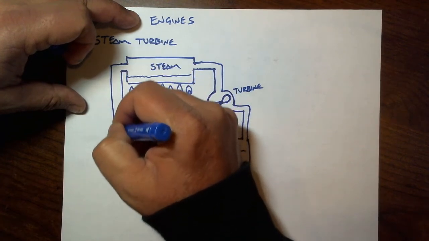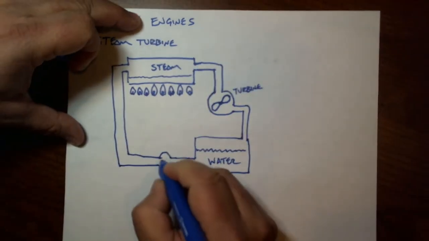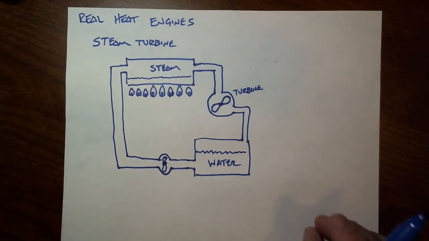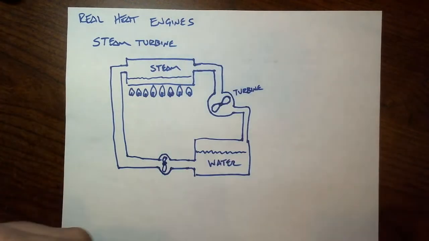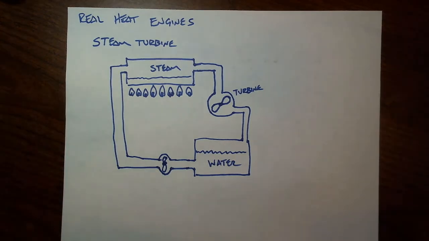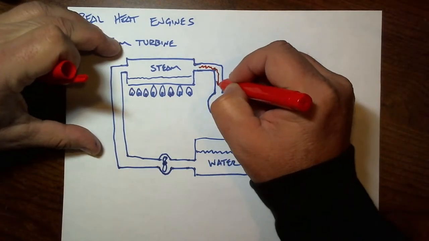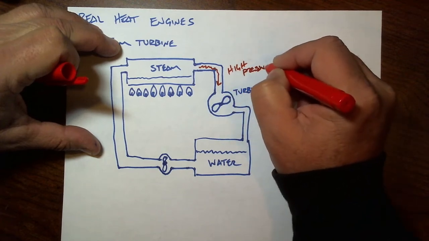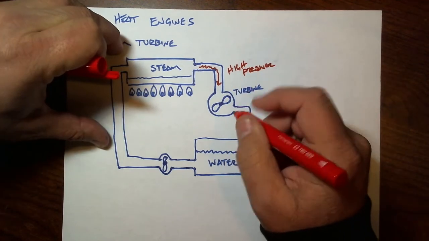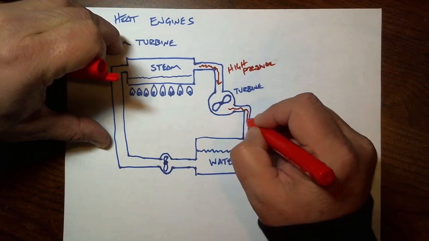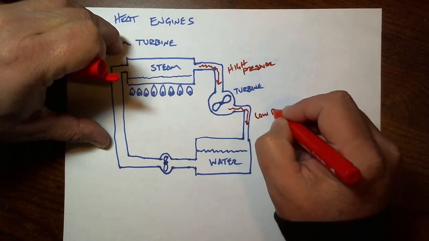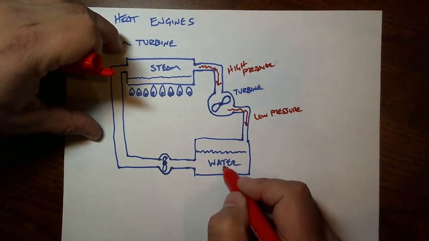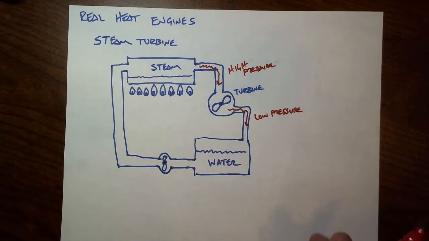We'll have an MC Escher situation on our hands. So this is a pump, and we pump the water back into the vessel where it is heated and turned into steam. So we have high pressure steam, we have low pressure steam, and then it condenses back into water where it can be pumped back up and turned back into steam.